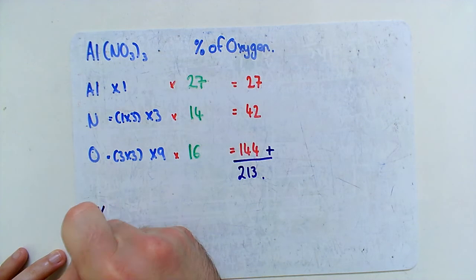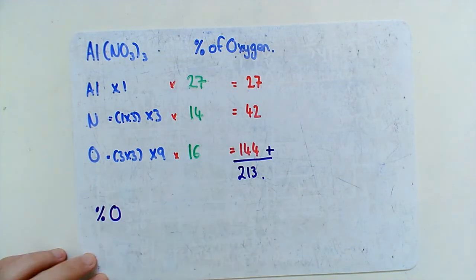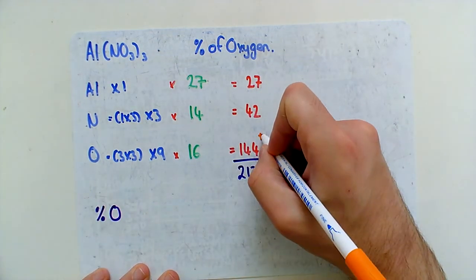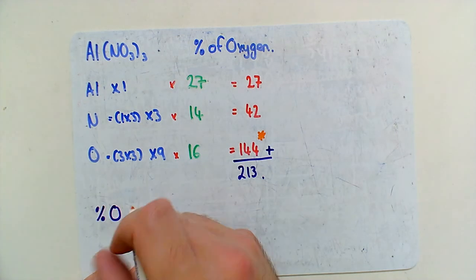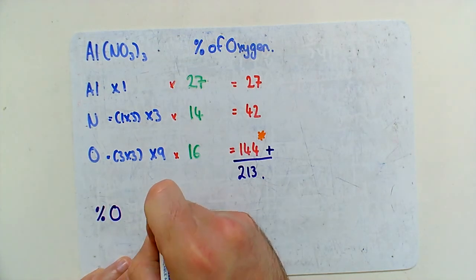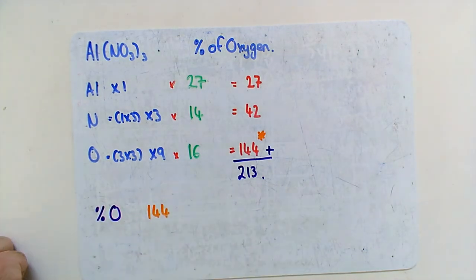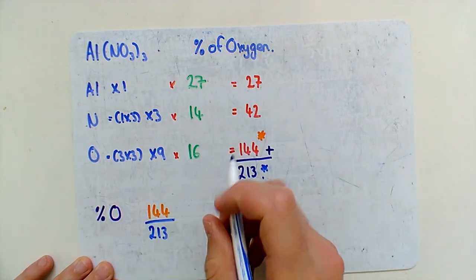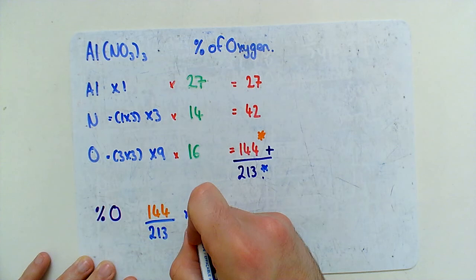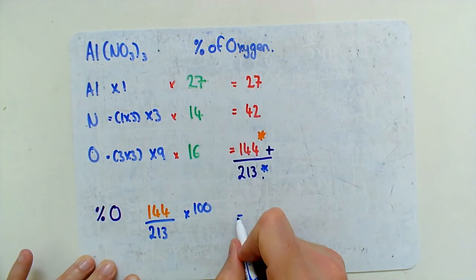Remember, my percentage of oxygen, in this case, is the total mass of oxygen, so it's going to be 144. And we're going to divide that by the formula mass, 213, and then we multiply it by 100.